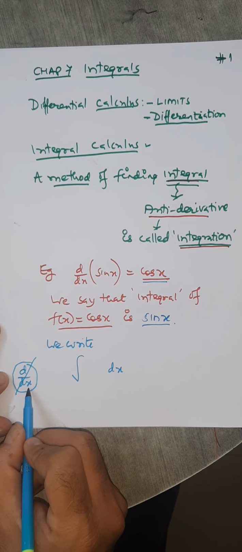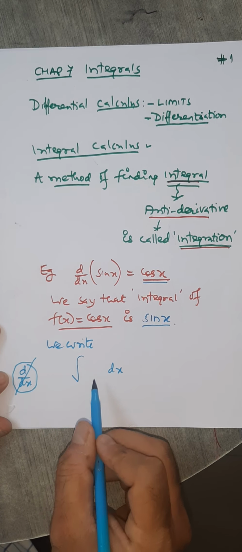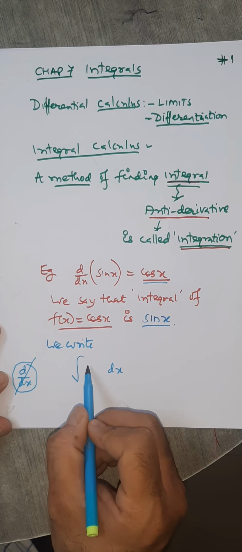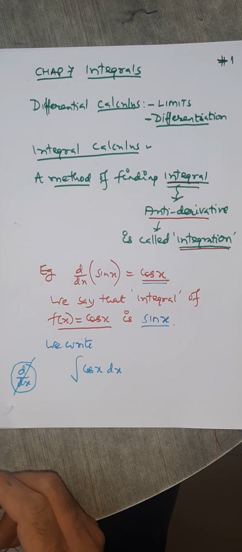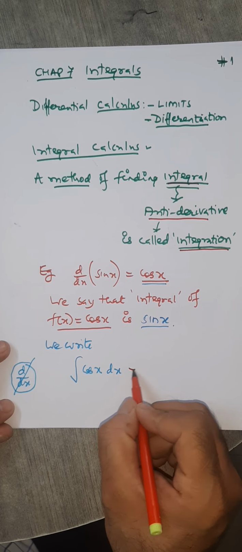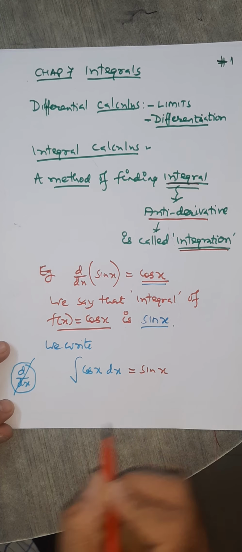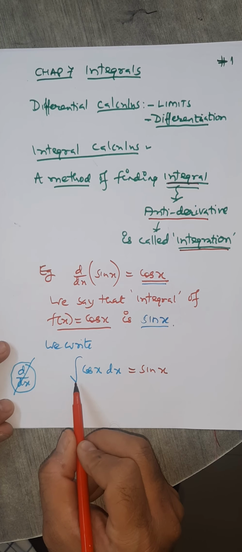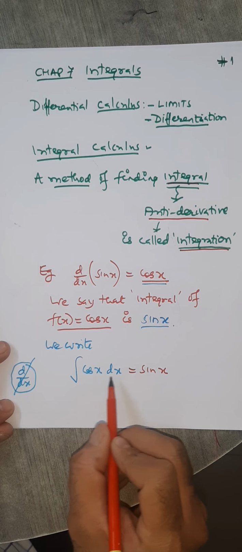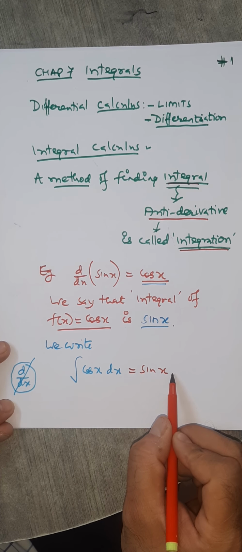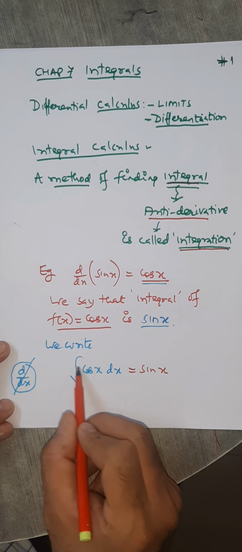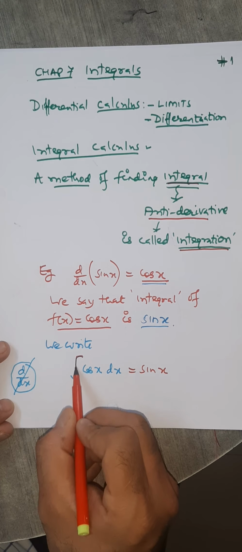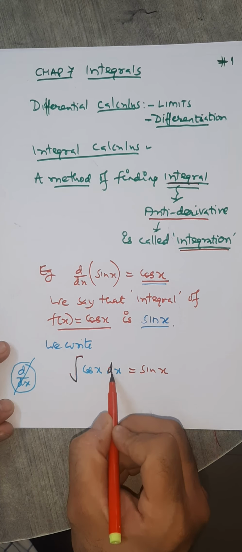So the integral of cos x with respect to x equals sin x. This entire symbol, the integral sign and dx, is the symbol for integration.